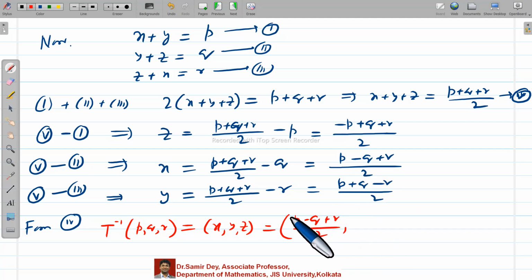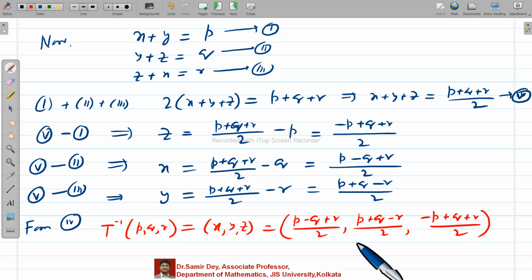And what is y? (p plus q minus r) by 2. What is z? (minus p plus q plus r) by 2. So this is your required inverse linear transformation. Clear? It's very easy.